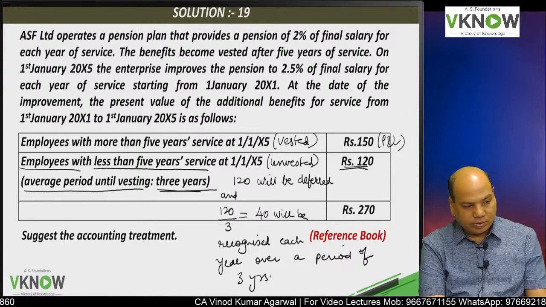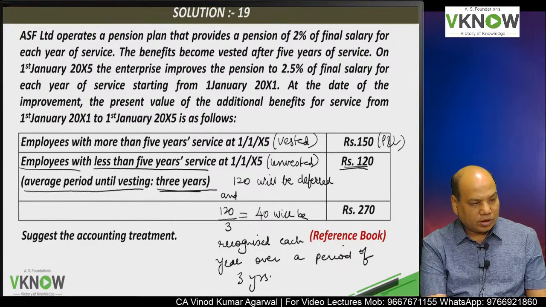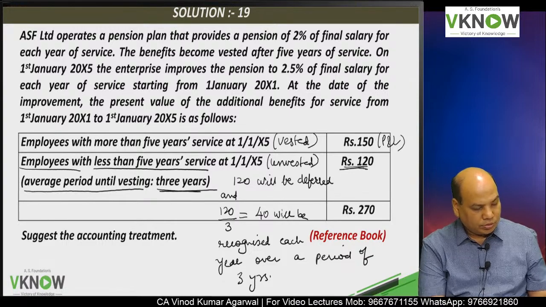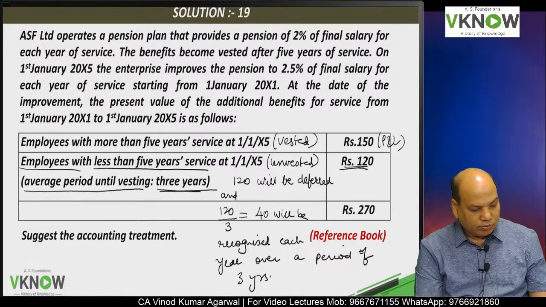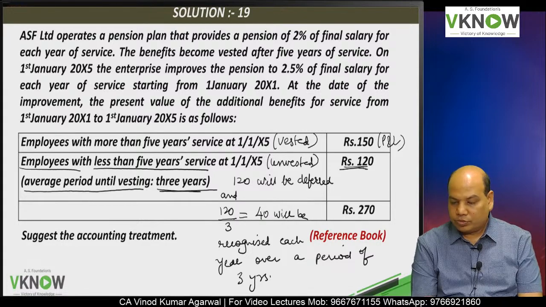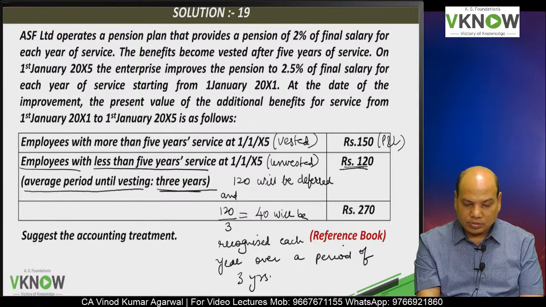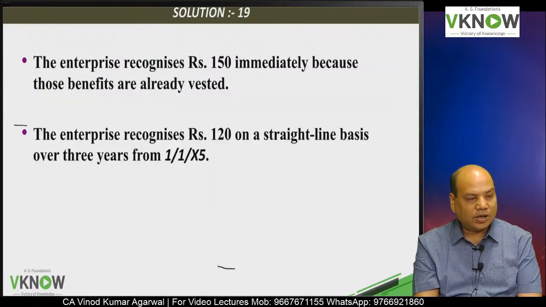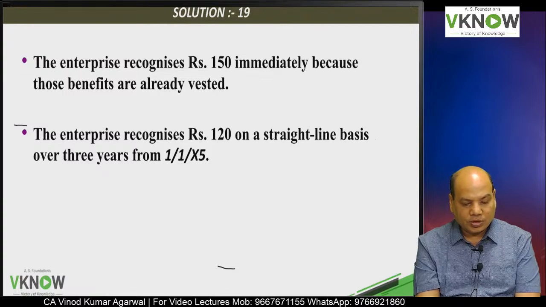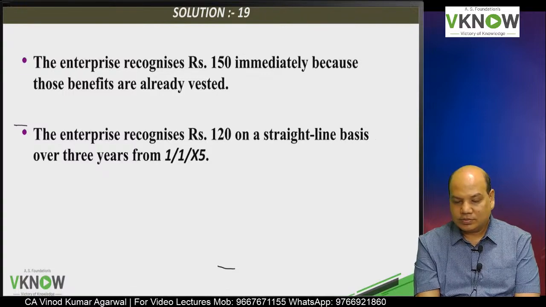Show the accounting treatment. I hope you have the answer to write. Oh my God. So I'll dictate the answer. Please note down the answer. Some space is kept blank in your book so that you can write.